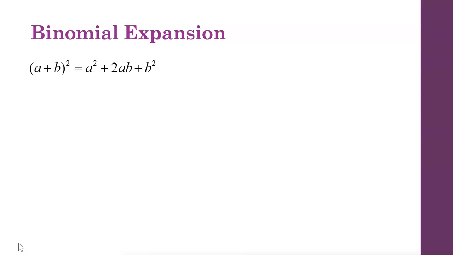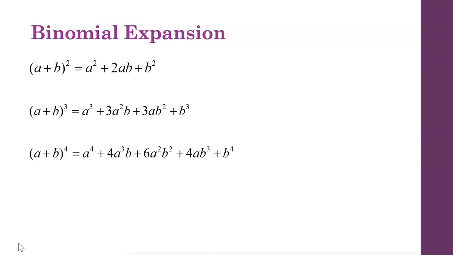Usually we start with taking a plus b squared, or a plus b times a plus b, and distribute the two parentheses and combine the like terms. You get a squared plus 2ab plus b squared. And if we do the same thing for a plus b cubed and write a plus b 3 times and multiply and distribute, we end up with a cubed plus 3a squared b plus 3ab squared plus b cubed.